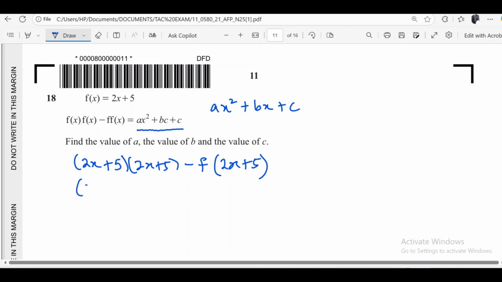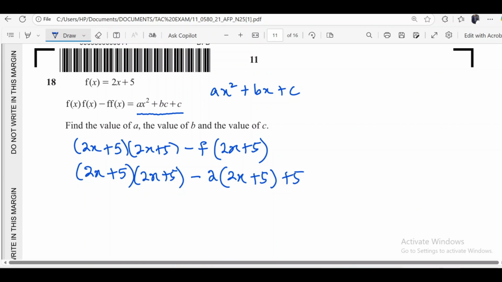This is going to give us 2x plus 5 into 2x plus 5, that's of course raising to power 2 here. Then minus, this is going to give us 2 into 2x plus 5, then plus 5 here.